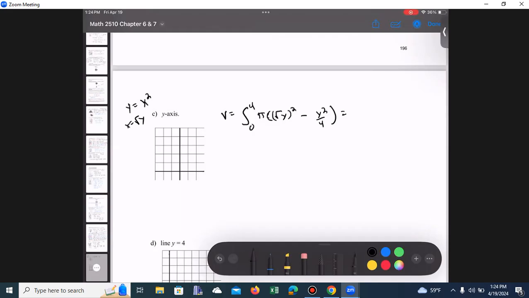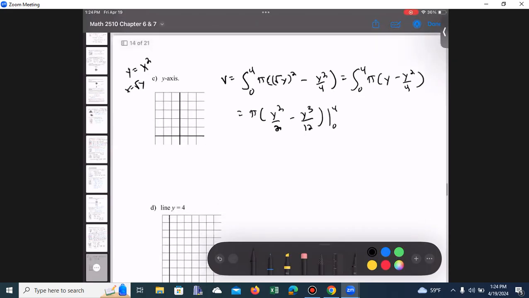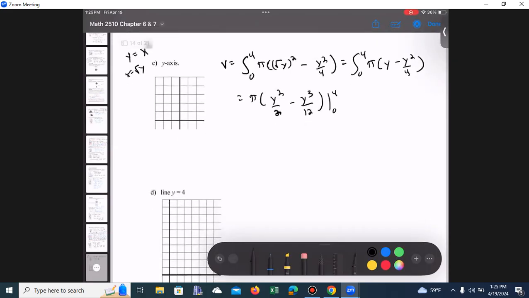So let's simplify this. Pi times y minus y squared over 4. So we take the antiderivative, you get pi y squared over 2 minus y cubed over 12. Integrate from 0 to 4. 0 makes the whole thing 0, so we won't have to worry about that.